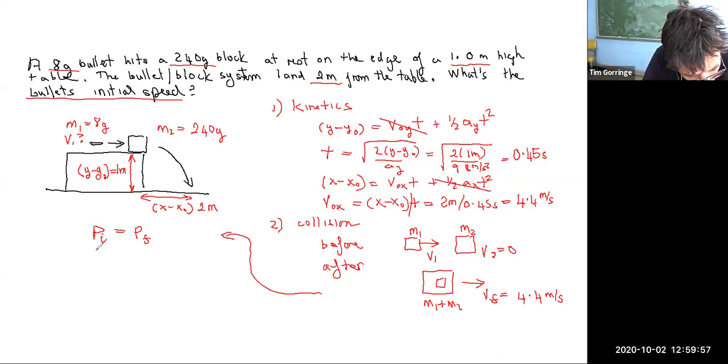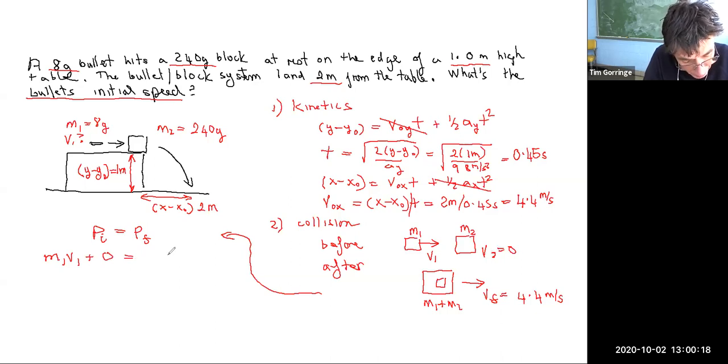The momentum before the collision, well, there's the momentum of the bullet, m1 v1, plus the momentum of the block, but the block's stationary. So that's actually 0.